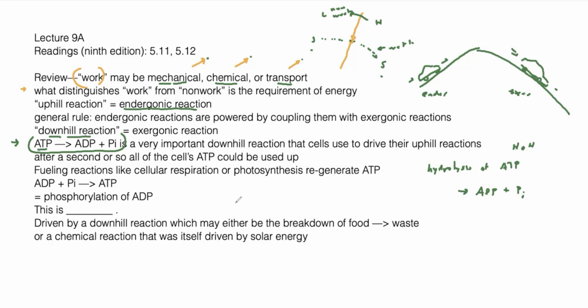And with all of these endergonic reactions requiring ATP to drive them forward, it's not going to take long. It'll only be a second or so for all of the cell's ATP to get used up, right? And if we use up all the ATP and all we have is ADP and phosphate, that would not be good because ADP and phosphate is not going to be a source of energy.